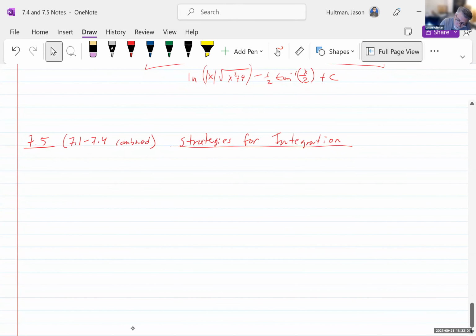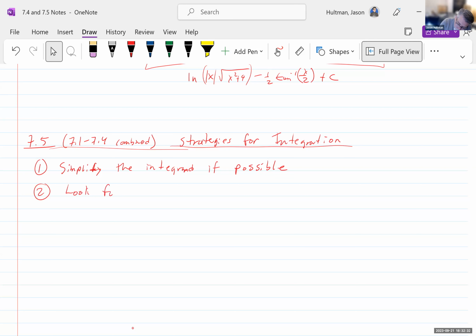Number one, simplify the integrand if possible. Okay. Number two, look for an obvious substitution.